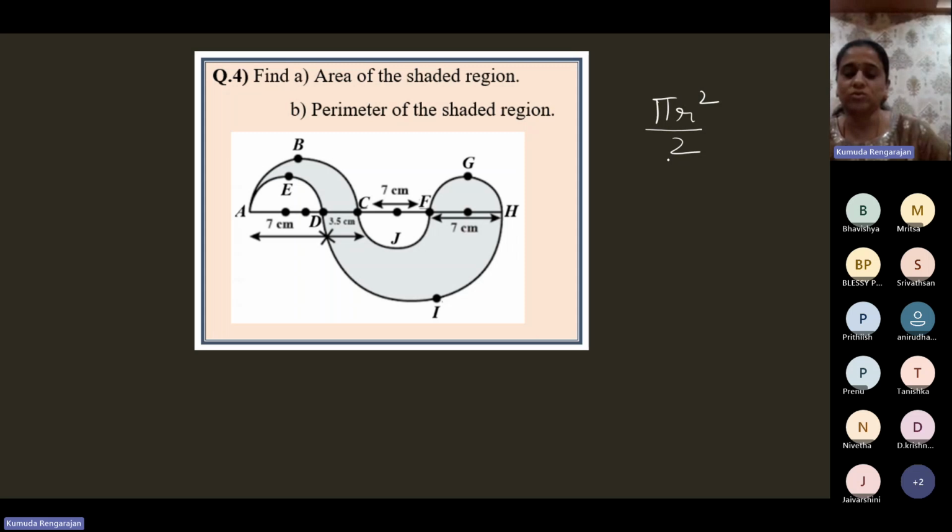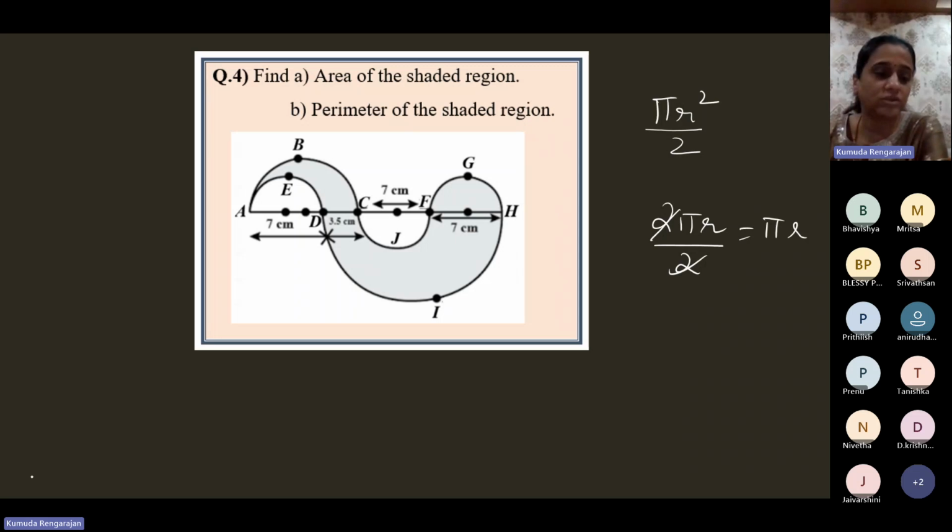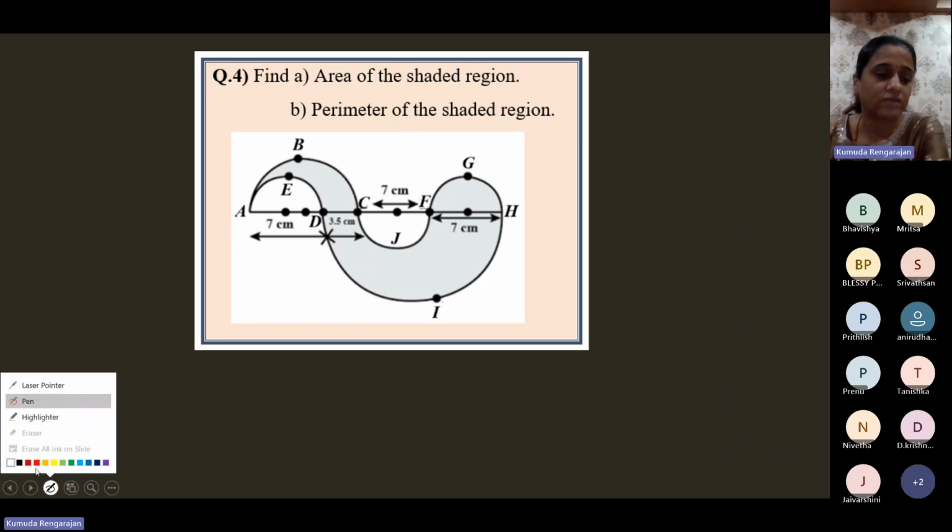And the length of a circle, the perimeter? 2 pi r. And the length of a semicircle will be 2 pi r by 2, which is pi r. So we should be careful in using the formula and substituting the values.